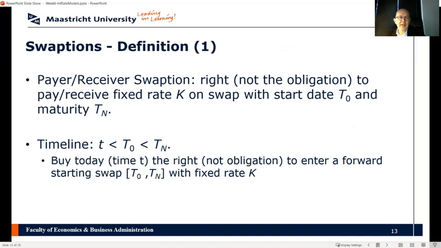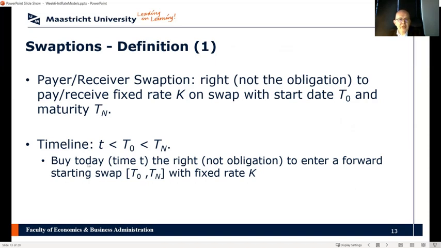So the timeline we are looking at is, I have 3 time points here. I am currently today at time small t. And then I'm looking ahead into the future at some date t0 where the underlying swap starts. And then I have a date tn where the underlying swap ends.